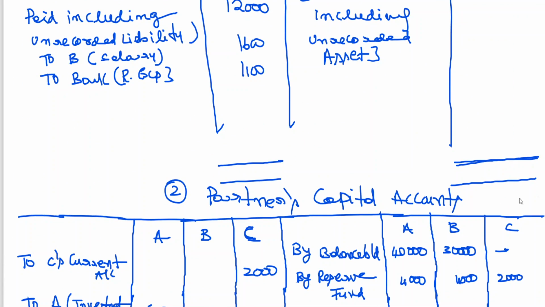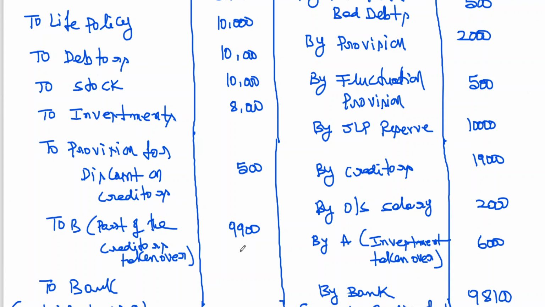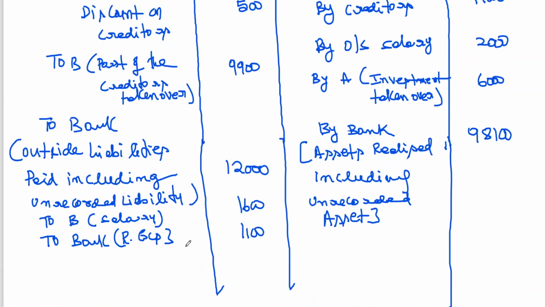It is coming to 1,38,100. 1 lakh 38,100 minus 50,000 minus 10 plus 10 plus 10, 30, 38,500 up to this, minus 38,500, then minus 9,900, minus 12,000, minus 1,600, minus 1,100. You are getting a profit of 25,000.